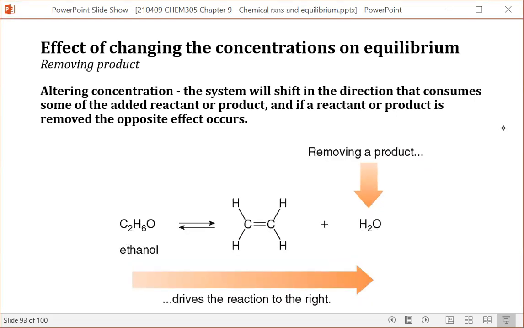Instead of increasing the concentrations of reactant or product, you could decrease the concentration of reactant or product. You could remove a product from the reaction. So let's say we remove H2O that's produced in this reaction. We take ethanol and we convert it into ethene, C2H4, and water.